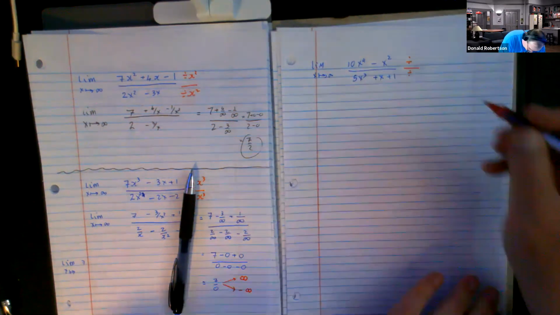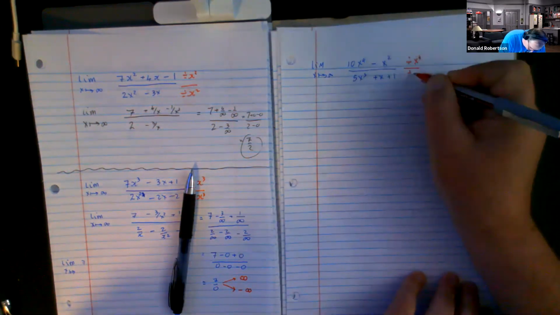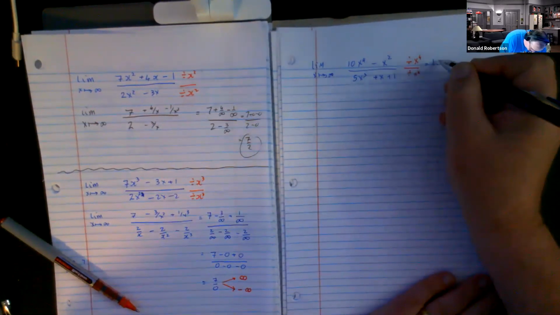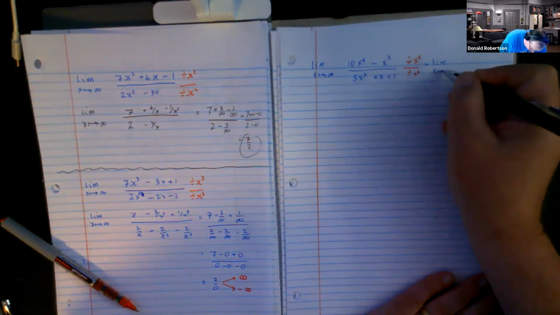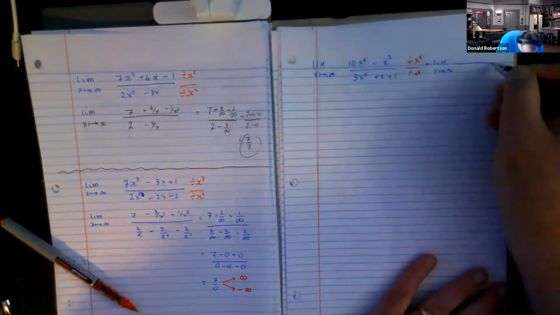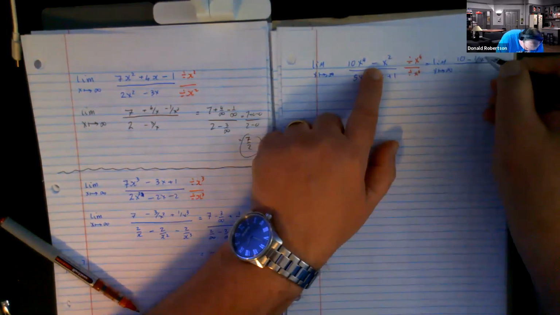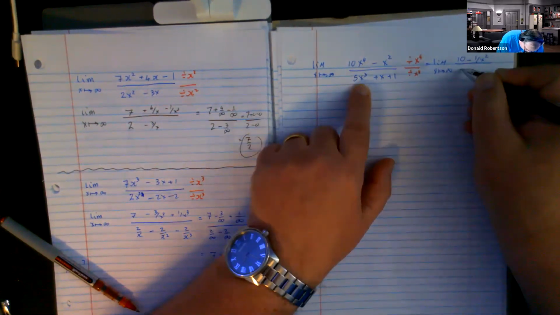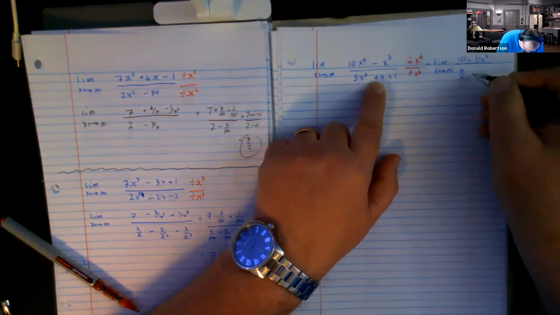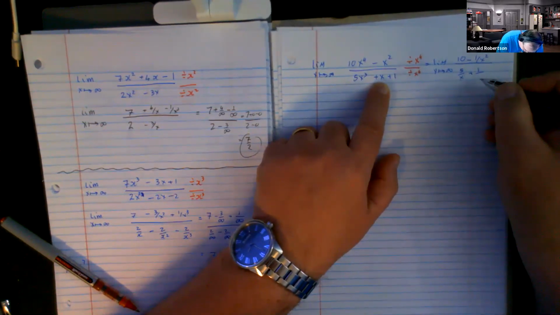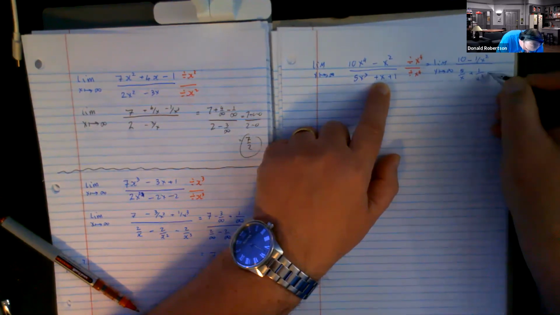Largest power of x is x to the 4. That gives us the limit as x tends to infinity of 10, take away 1 over x squared, over 5 over x, plus 1 over x cubed, plus 1 over x to the 4.